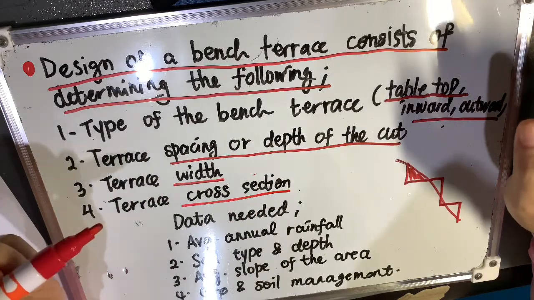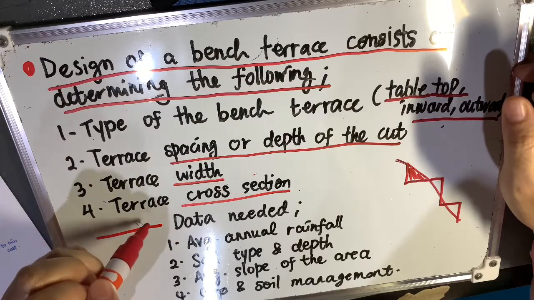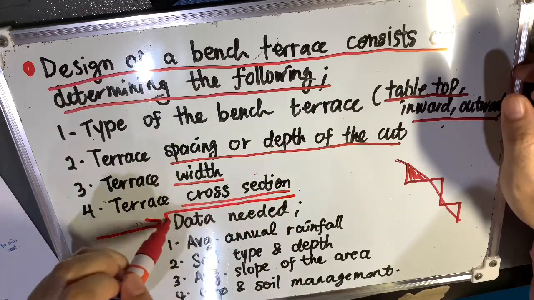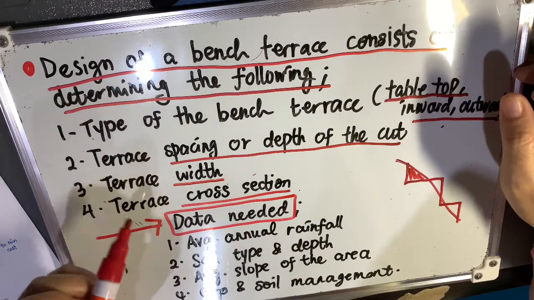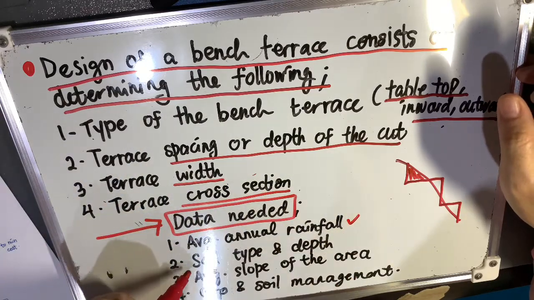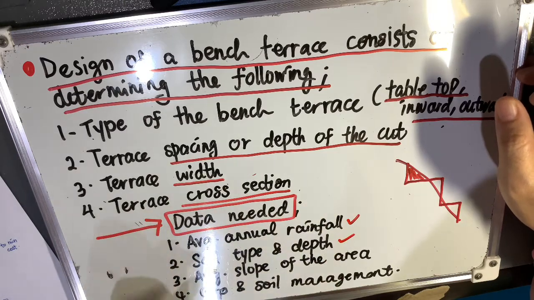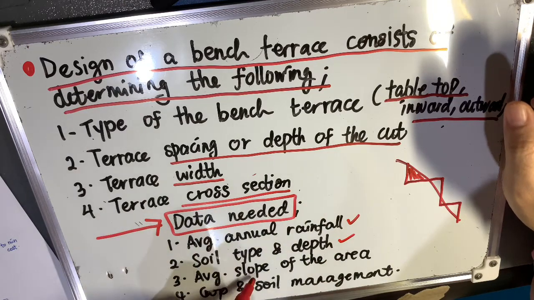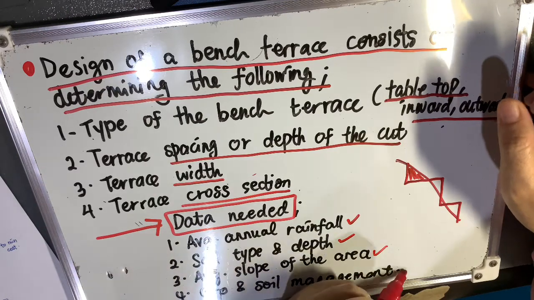What are the types of data that is needed to design bench terrace? The data that we need is, first, average annual rainfall. Second, soil type and depth. And then we have average slope of the area. And finally, crop and soil management.